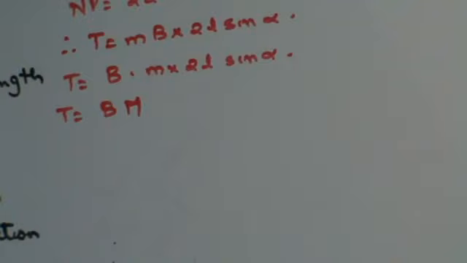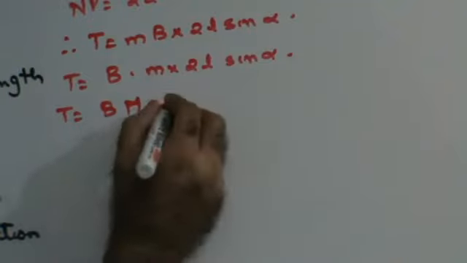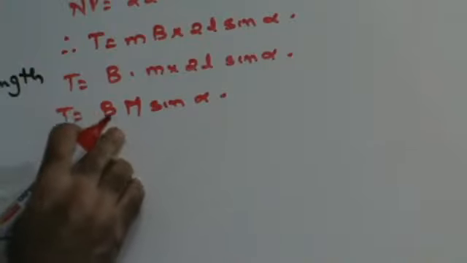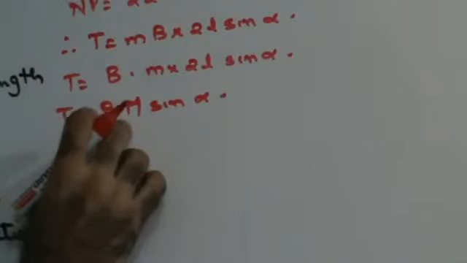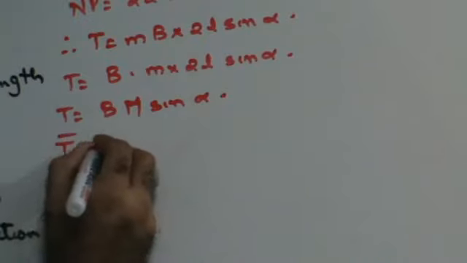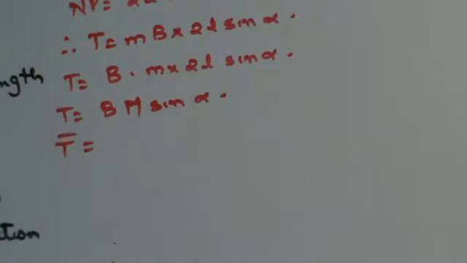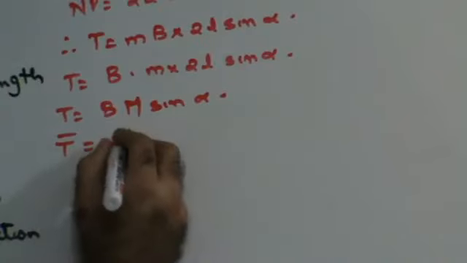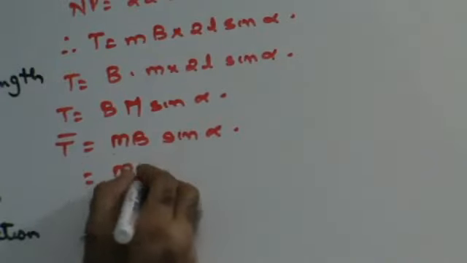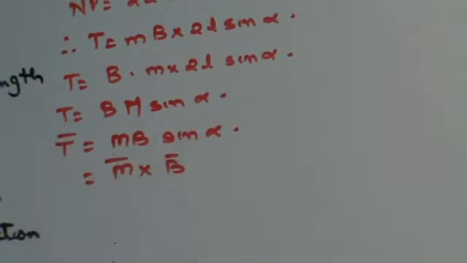M into 2L is capital M, so torque is M B sine alpha. Now from scalars and vectors we have learned that the multiplication of two vectors, with the sine of the angle between them, is nothing but the cross product. So torque vector is going to be equal to MB sine alpha, which can be written as M vector cross B vector.